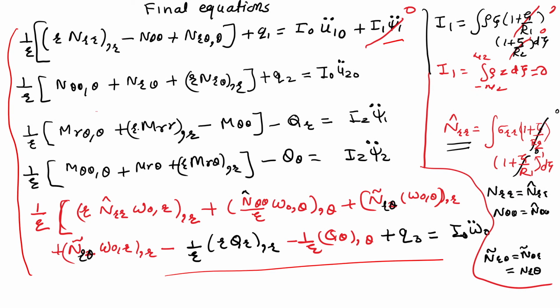The purpose of explaining is this, that once you get a governing differential equation for a generalized shell element, then for the lower order, whether you talk about a plate or a circular plate or a cylinder, you can derive their governing equation.